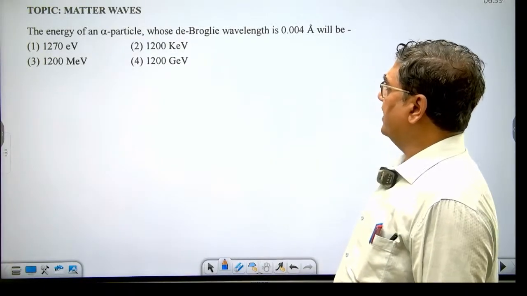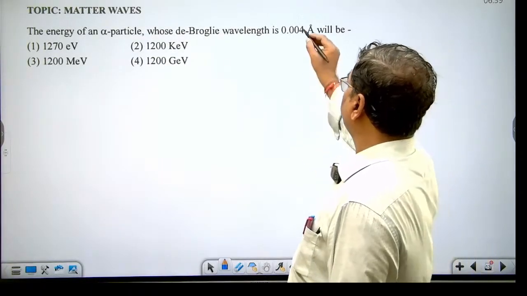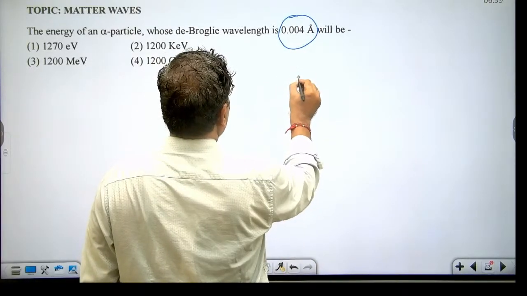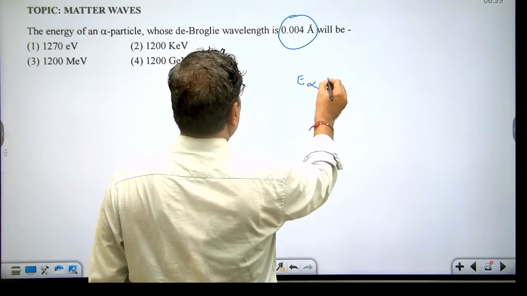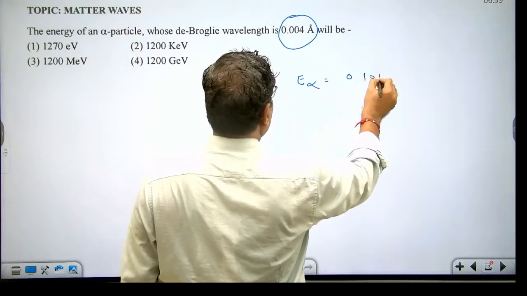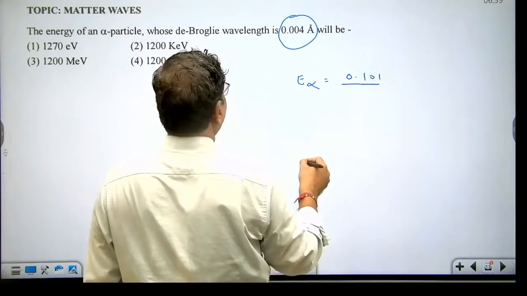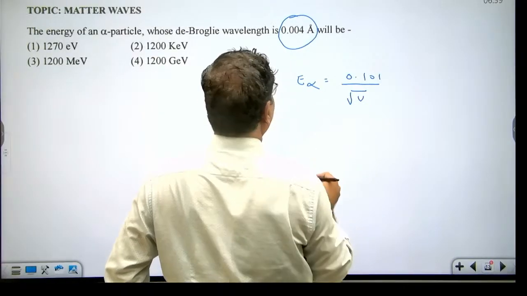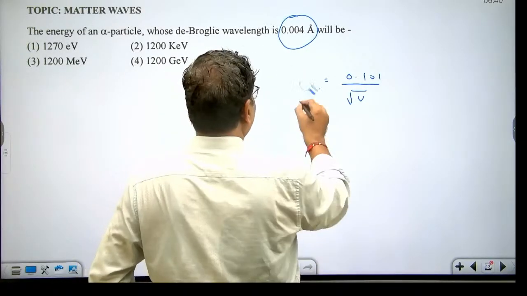The energy of an alpha particle whose de Broglie wavelength is 0.004 angstrom will be. Directly we can write lambda equals 0.101 upon under root V. This is lambda, not energy.